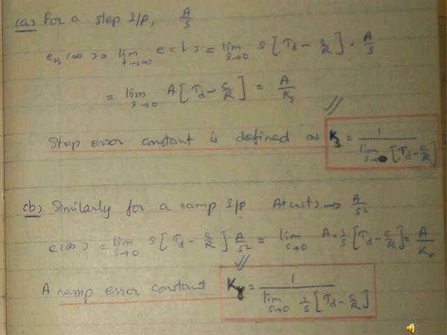So that will be the limit as S approaches 0 of A multiplied by 1 by S, multiplied by (T_D minus C by R), which is equal to A divided by K_R. So the ramp error constant K_R is equal to 1 divided by the limit as S approaches 0 of 1 by S multiplied by (T_D minus C by R). So those are the step error constant and the ramp error constant equations.